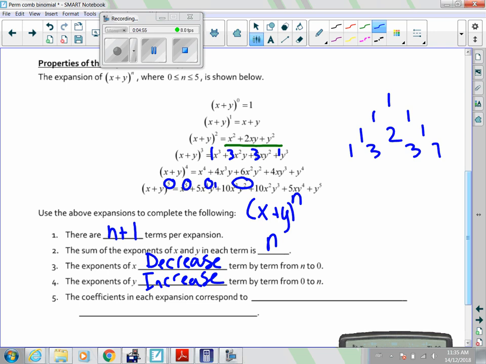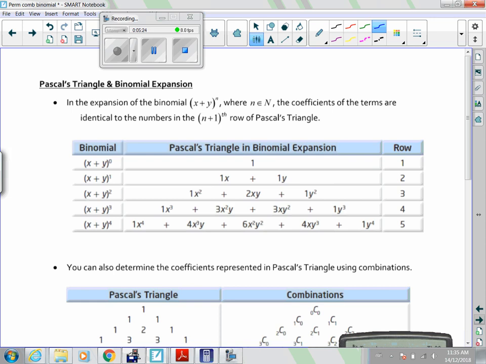And the coefficients form this triangular array, or we would just say they are demonstrated by Pascal's triangle. All right, so hopefully that makes sense. Now let's see the kinds of questions that we see here.